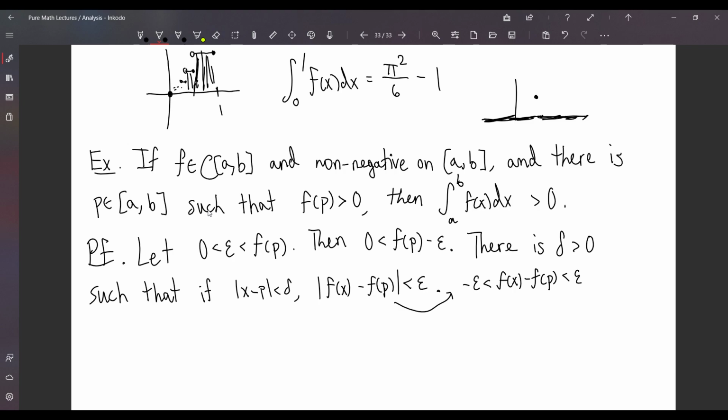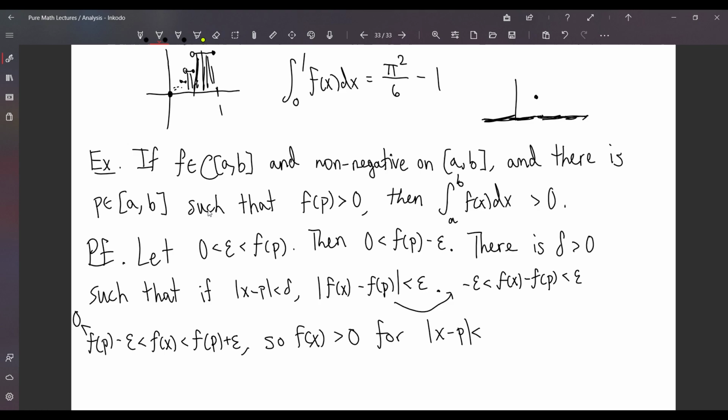Then I can add f of p to both sides, so you get f of p minus epsilon is less than f of x, which is less than f of p plus epsilon. And we know that f of p minus epsilon is greater than 0. So f of x is greater than 0 for |x minus p| less than delta.